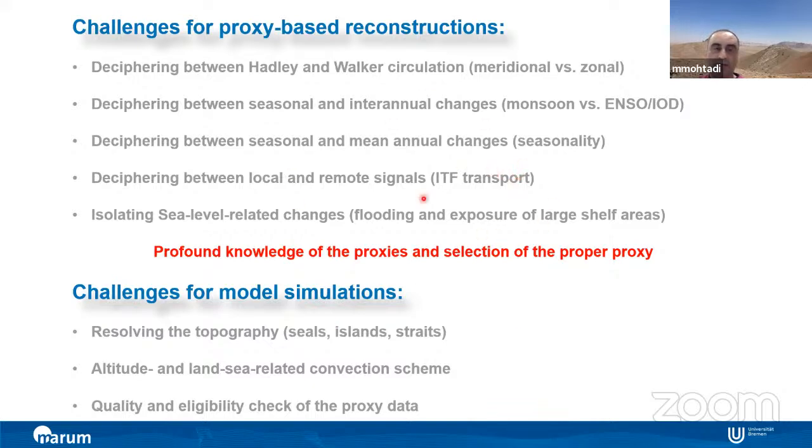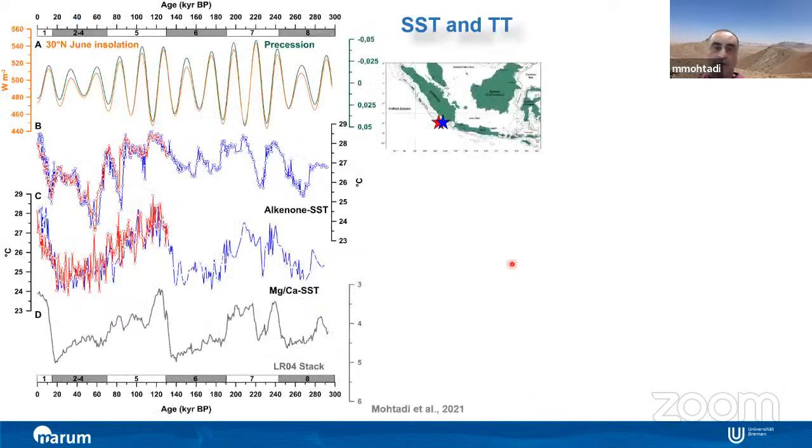To showcase one of these issues that I mentioned here, I'm showing you two records offshore the Sunda Strait. These are the blue and red stars. These are the SST records of those two sites. The blue one goes back to stage 8, so the last 300,000 years.